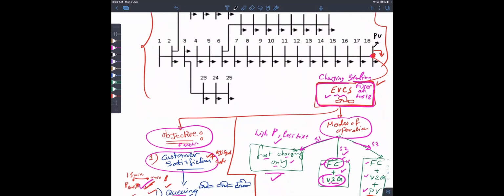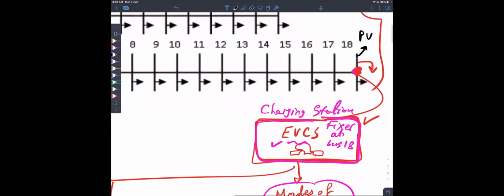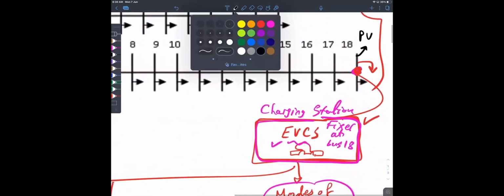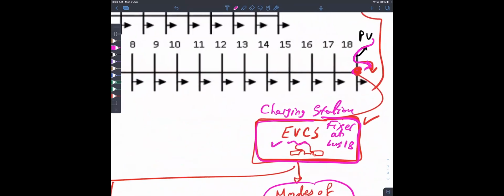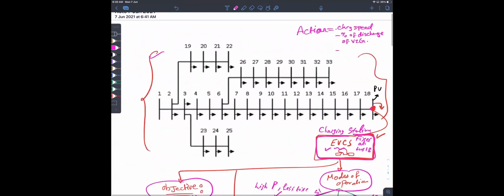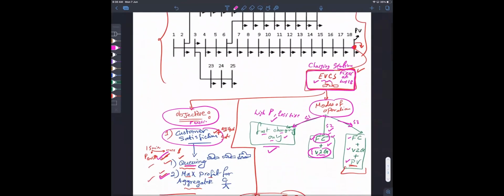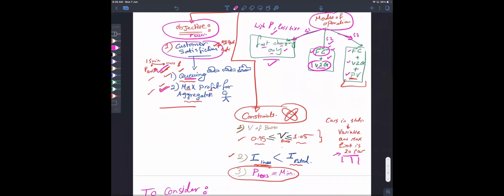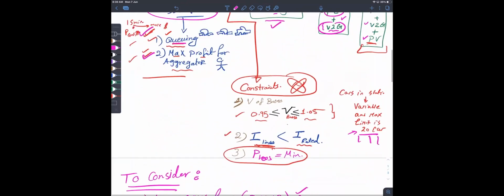For example, I give the power here, power to go to the station. Also for the lowest power losses, I think we can ignore it right now. We can keep the voltage and current.